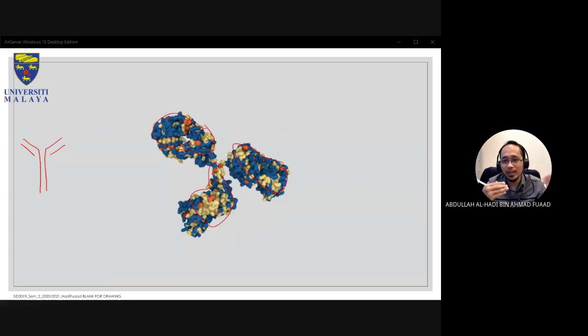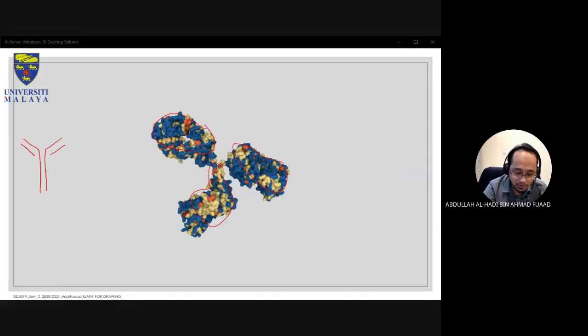What connects those two chains is an SS bond, a disulfide bond.